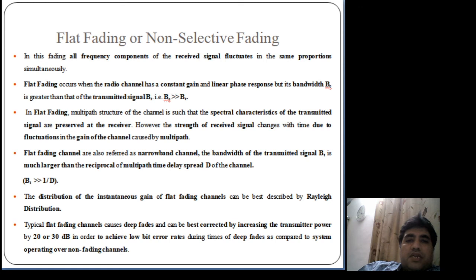So such fading will not affect the spectral characteristics of the transmitted signal. So only the strength of the received signal is affected by this fading. This fading is also known as narrowband fading, and it can be corrected just by increasing the transmitting power of the signal by around 20 to 30 dB.